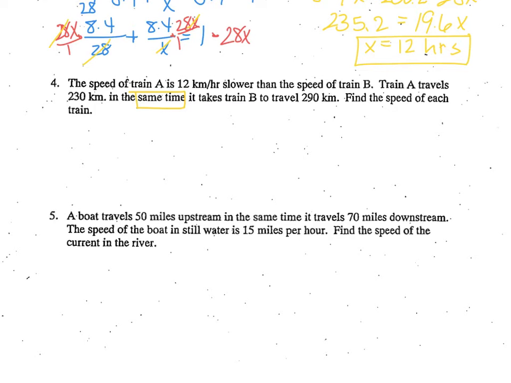That means that for train A, train A's time is going to be the distance for train A divided by the rate of train A. And train B's time is going to be the distance for train B divided by the rate of train B. And those two, that fraction and that fraction, are equal to each other.